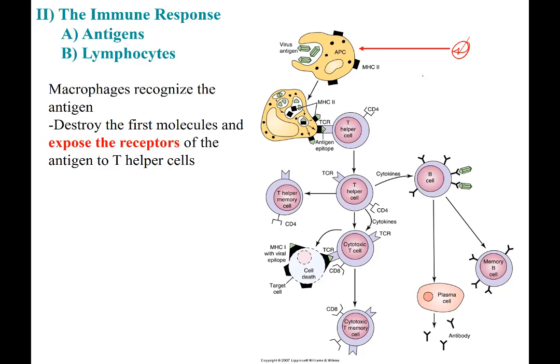For example, macrophages in the brain are called glia cells, macrophages on the skin are Langerhans cells, and so on. Macrophages are able to phagocytose, so they can engulf a virus and digest this virus. That's the way I presented them at the beginning when I talked about phagocytosis and macrophages.